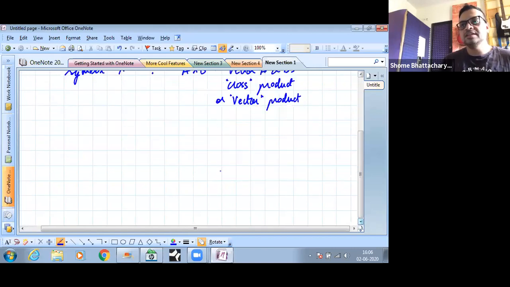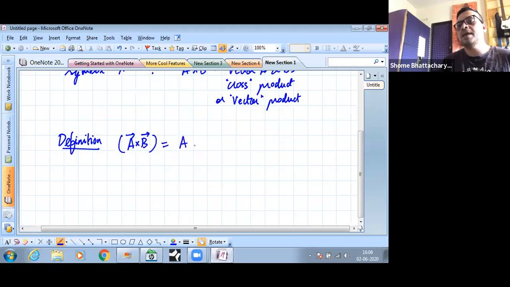Now, the definition is that A cross B equals magnitude of A into magnitude of B into sine theta multiplied by a unit vector n cap.